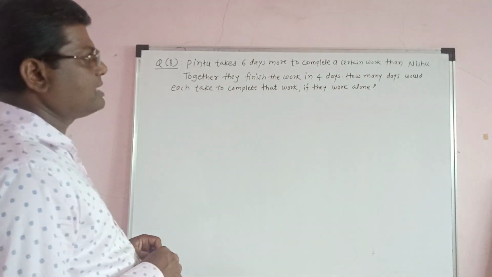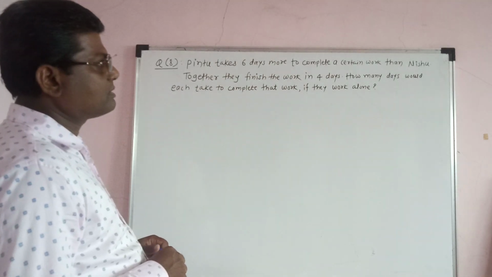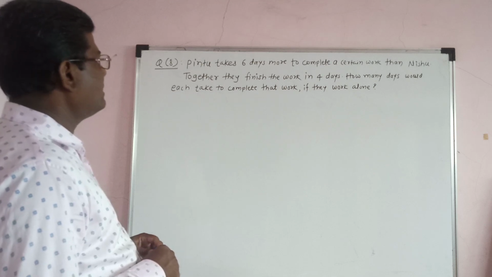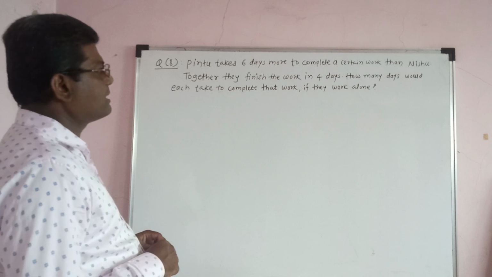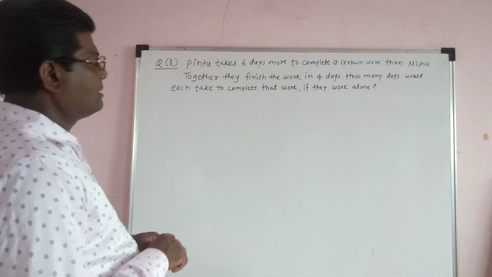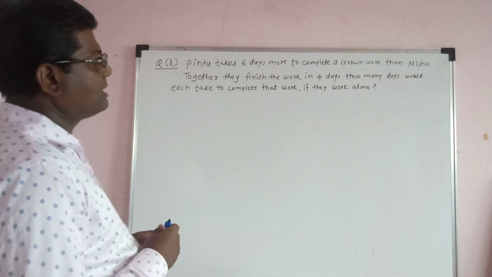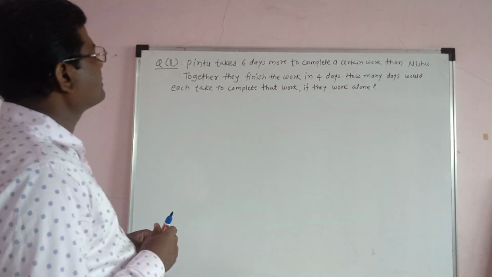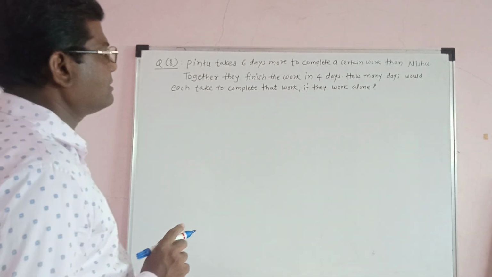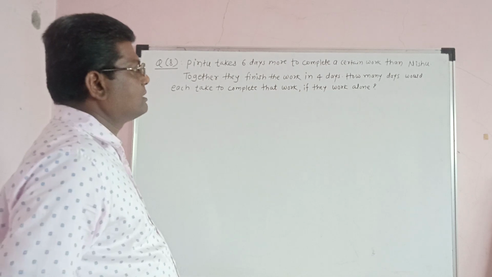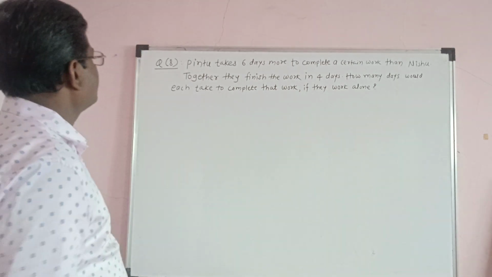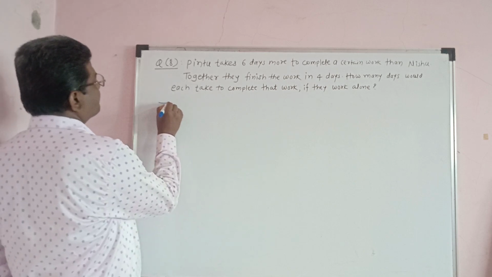Pinto takes 6 days more to complete a certain work, and if they work together, then their work will complete in 4 days. In how many days would each take to complete that work? If they decided to work alone, how many days will be required to complete for each of them?